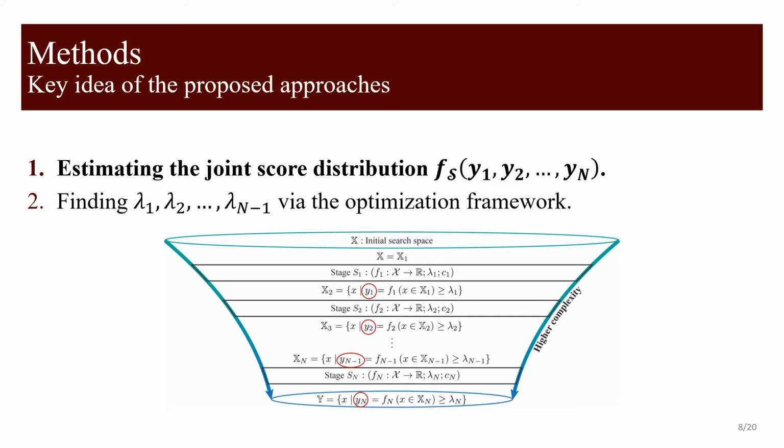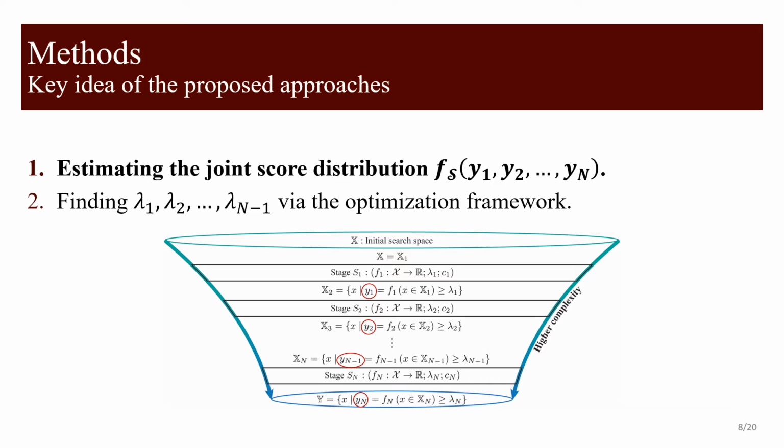The key idea is to estimate the joint distribution Fs of scores y1 to yn computed at different stages of the pipeline. To this aim, we may consider diverse existing density estimation techniques.